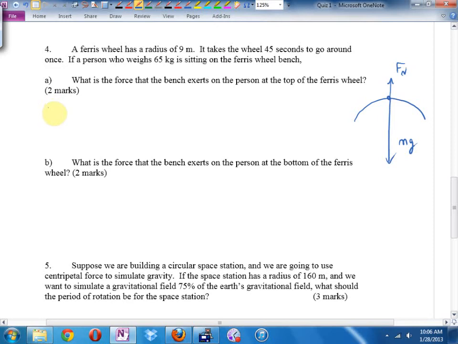So my equation here is going to be gravity minus normal force equals mass times acceleration. I think that's going to give me a normal force equaling gravity minus mass times acceleration. The normal force is going to be equal to mg minus m times 4 pi squared r over T squared.